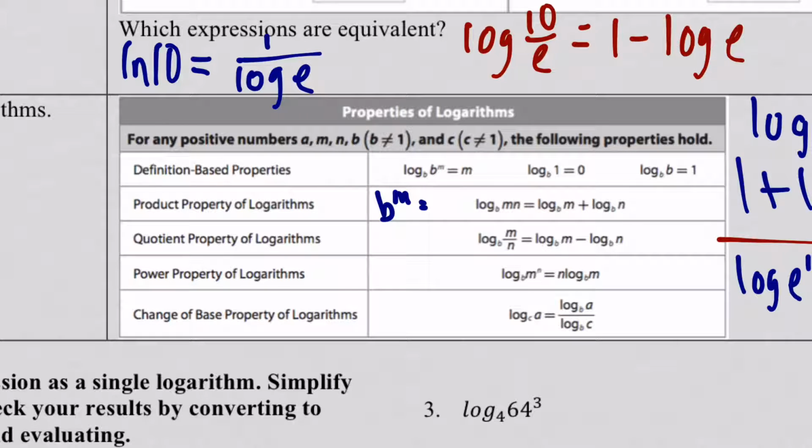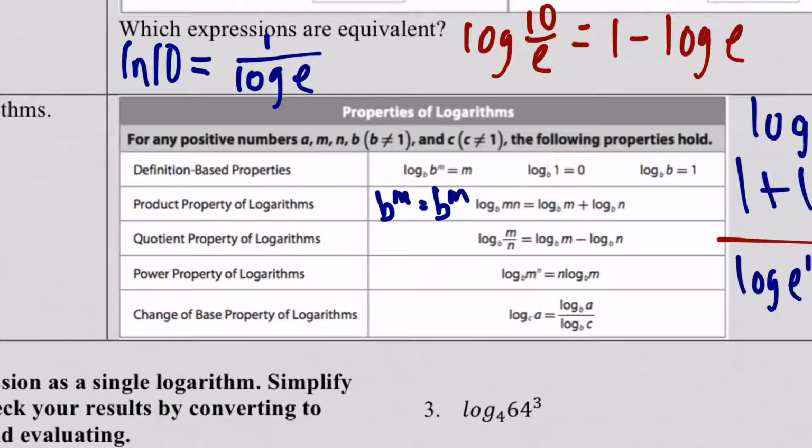So you're just saying b to the m equals b to the m, which is true. So the way you can look at that is that every time you have the same base and the same input, then what you get is basically the exponent of that base. So log base b of b to the m power is just m.